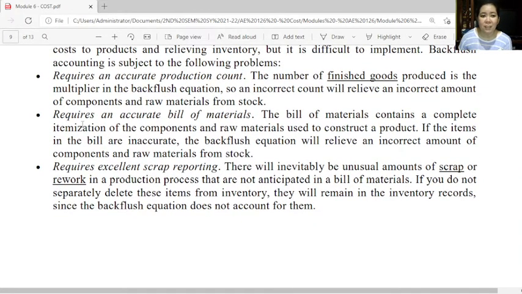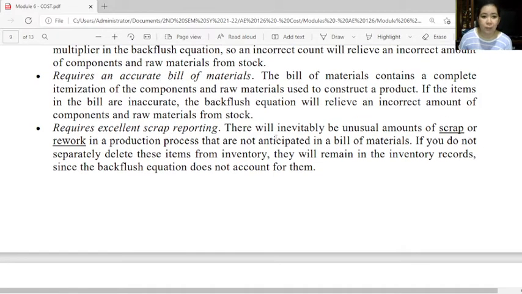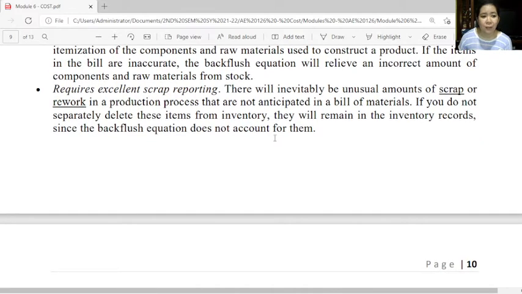Another problem is it requires an accurate bill of materials. So again, if the bill of materials is inaccurately itemized, then it will also result in an incorrect number of raw materials taken from the storeroom. Third problem is it requires excellent scrap reporting because there will inevitably be unusual amounts of scrap or rework in a production process.